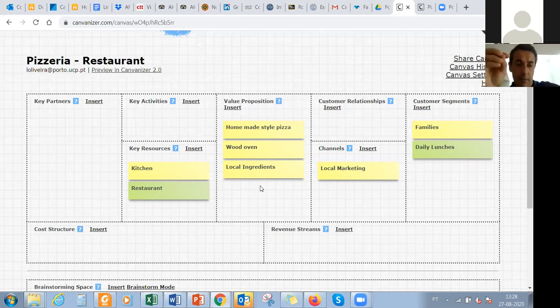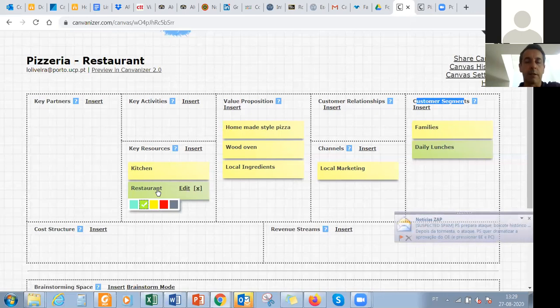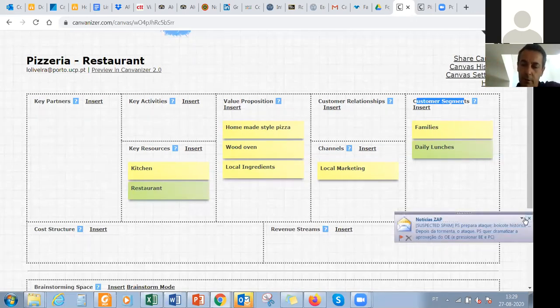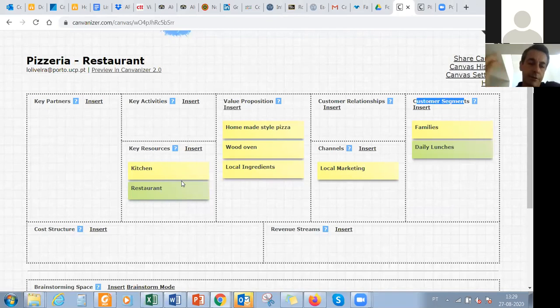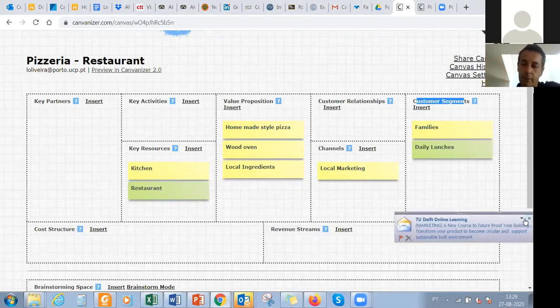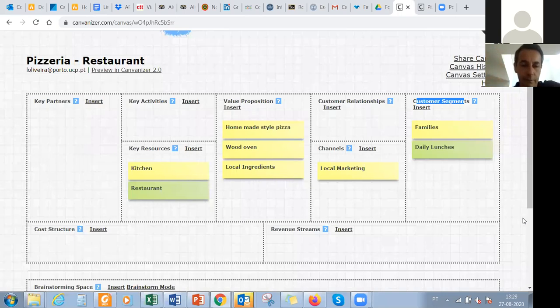But the same pizzas could be offered to the market not based on a restaurant, which is an expensive resource, infrastructure that needs a lot of specialized staff for serving and some additional care.